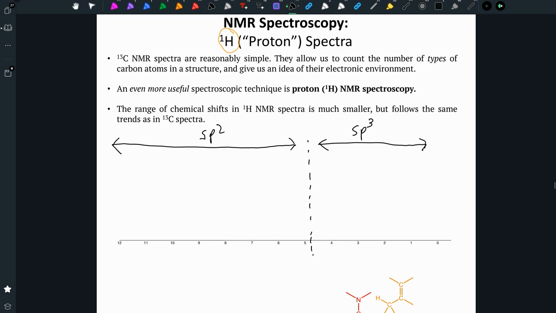So when you look at a proton spectrum, think of that, and just remember, going this way means more deshielded. Going this way means more shielded. Oh, and just for terminology's sake, we call this end downfield and this end upfield. So if you hear those terms, that's what they mean.